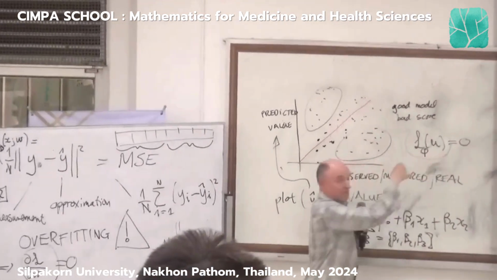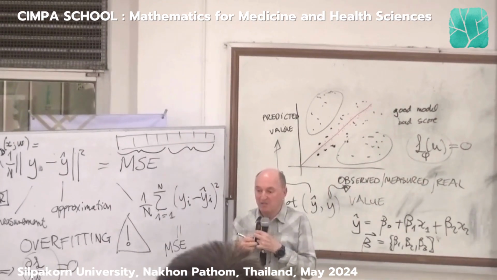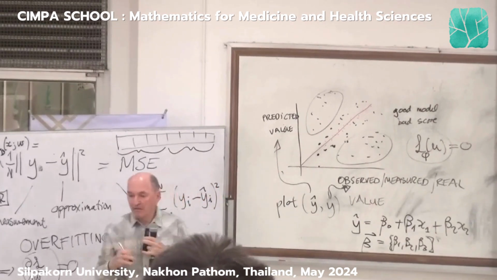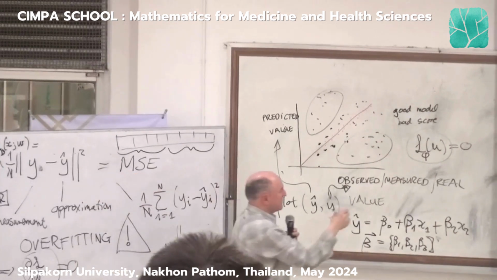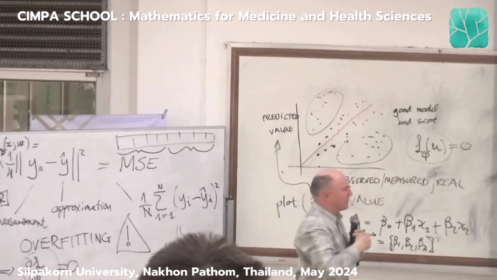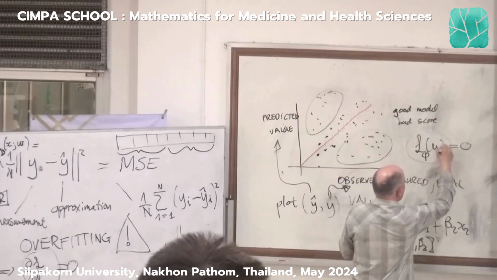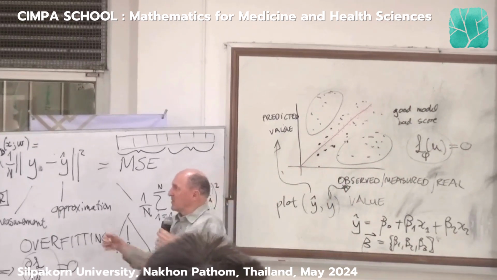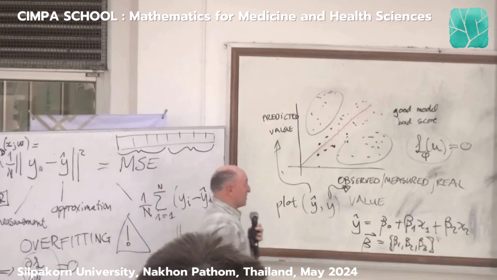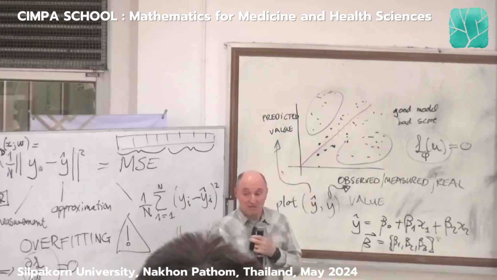Okay? There's no reason why I can't express my ODE, PDE, whatever, as L of U equals 0. U depends on X and T, so U of X and T, okay, whatever. And so I can formulate what's called a multi-objective optimization problem.